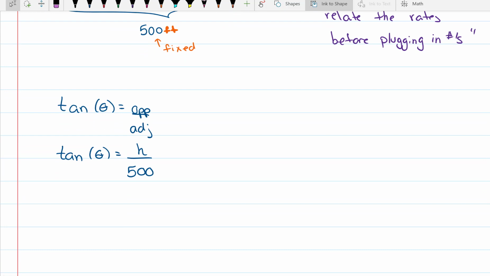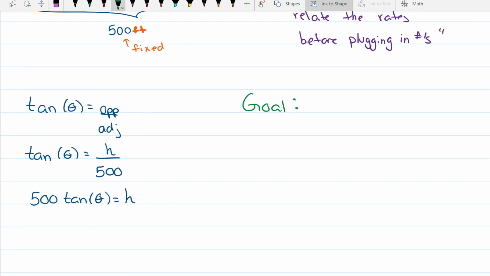Do a little simplifying here. You can get 500 tangent of theta equals h. Our goal for this problem is to find how fast the balloon is rising.